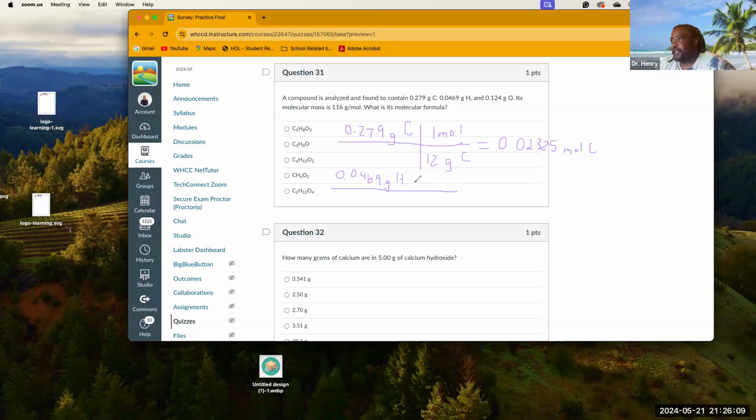We know that hydrogen weighs 1 gram per 1 mole.